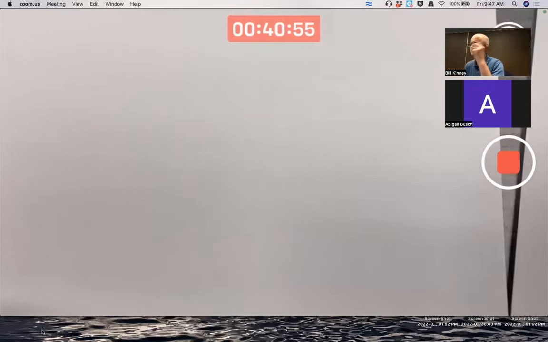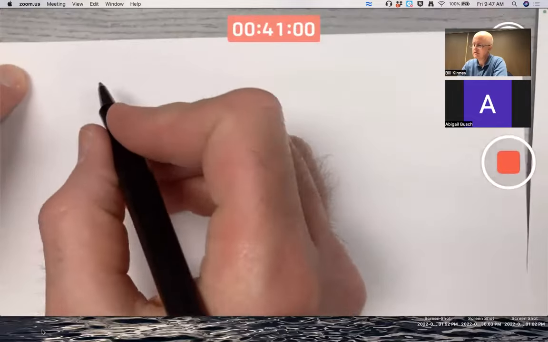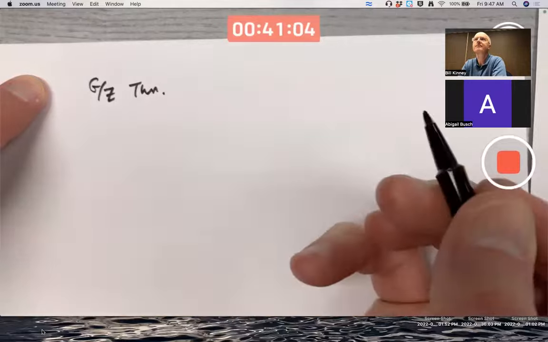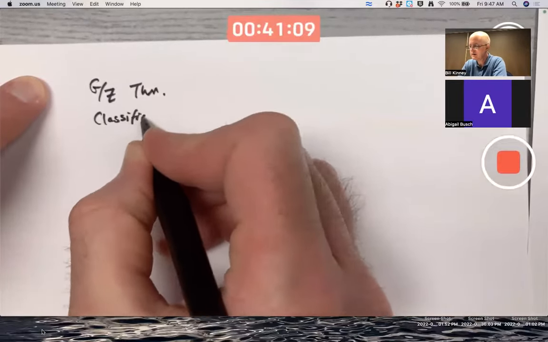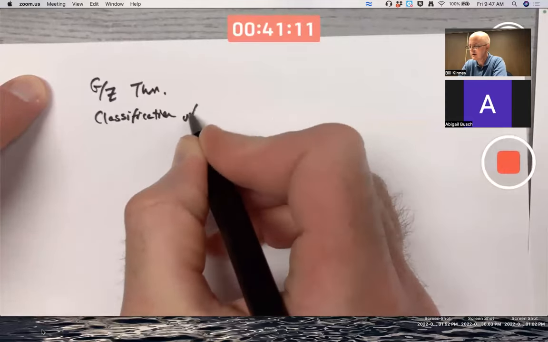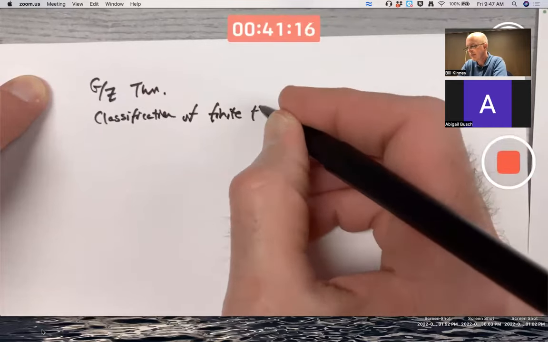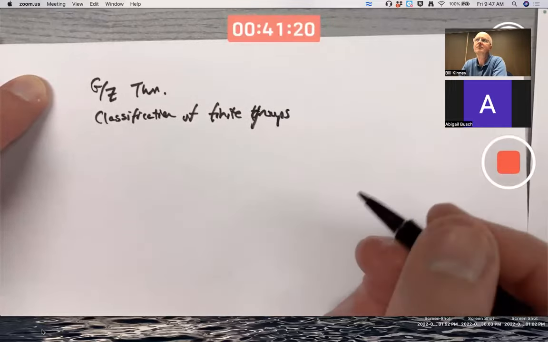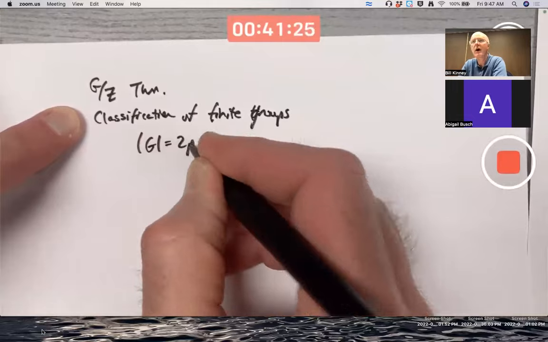There were also various other facts in chapter 9, including the GZ theorem, classification of certain groups, of certain finite groups. Not a complete classification theorem or theorems. Partial, including classification for groups of order 2p where p is prime.